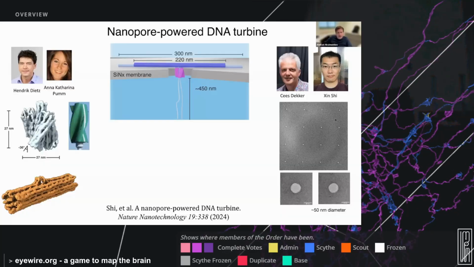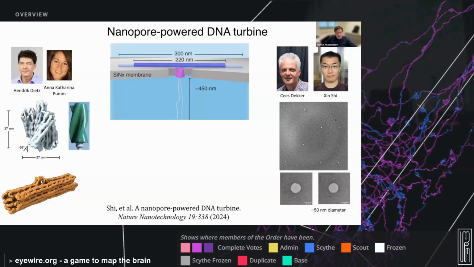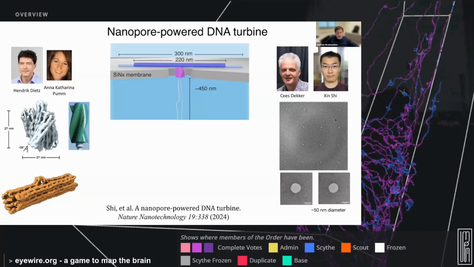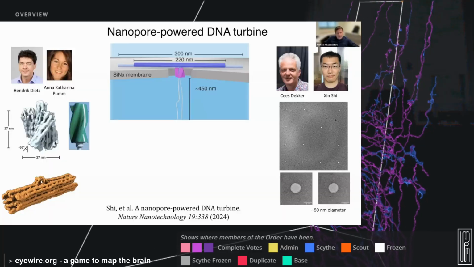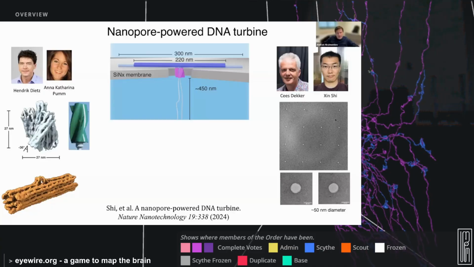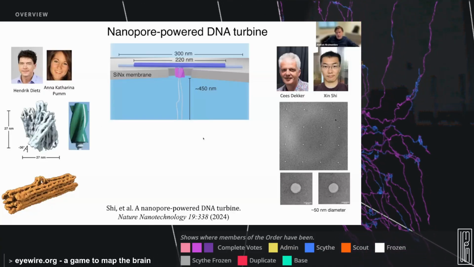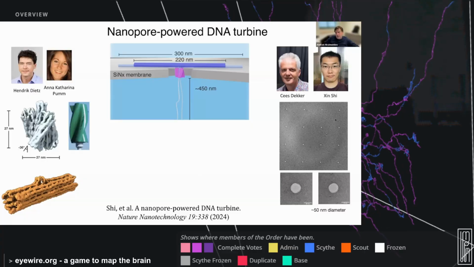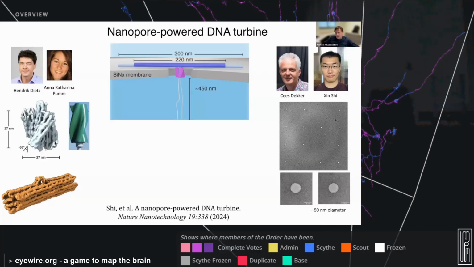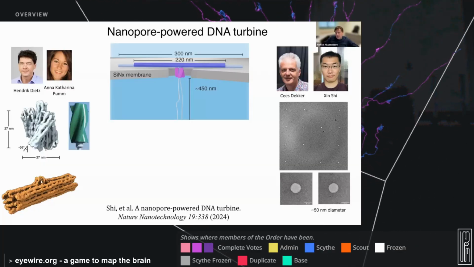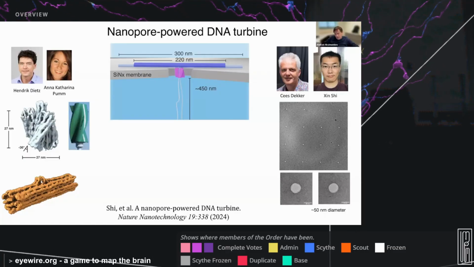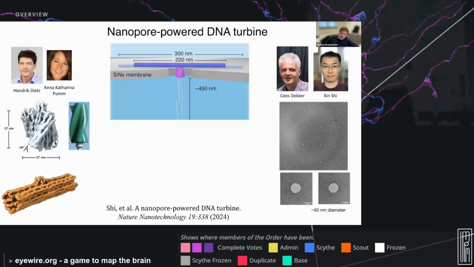That's a design that was put forward by Henrik Dietz's lab, where it's not a single DNA molecule. It's an assembly of DNA helices that have the shape of a turbine. Cees Dekker's lab has amazing expertise in solid-state nanopores. He's one of the people credited with their invention. In this kind of setup, you have an array of pores.